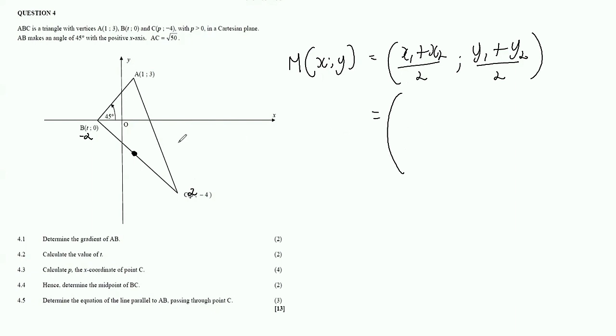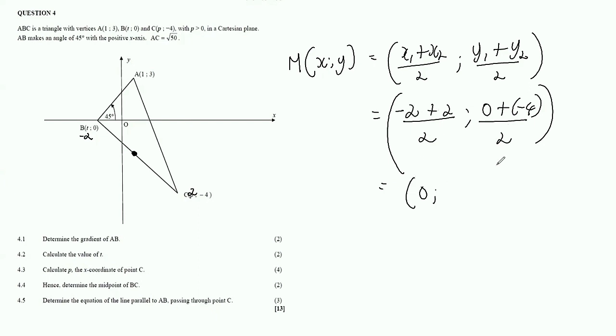And then our x1, if we take our x1 as the coordinate for B, then that's negative 2, plus positive 2, then divide that by 2. And then here we will have 0 plus negative 4, then divided by 2. Now, at the end of the day, we find out that this one will just give us 0, and then here we will have our negative 2.